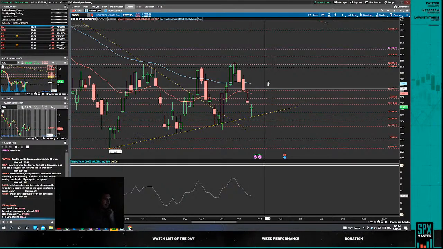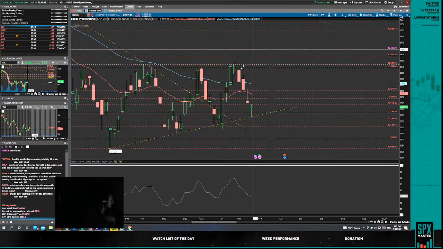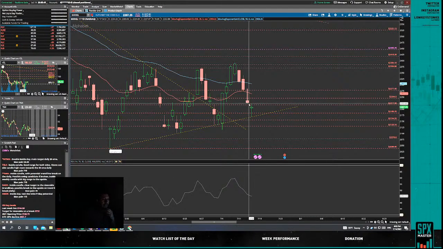Ooh, we could have caught that, but I didn't draw this today. Didn't even look at Google today at all. Google did not break the previous range today. Actually, it stayed below.